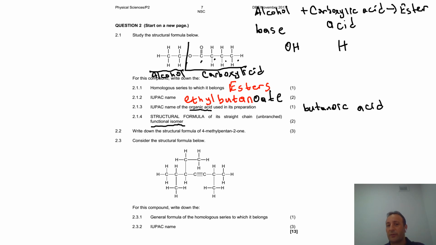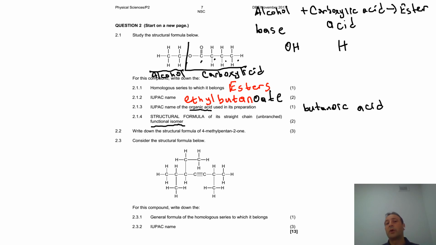In a chain isomer, the difference is the structure of the chain, in a positional isomer, we have a different location of the functional group or side chain, and in a functional isomer, we have a different type of functional group.